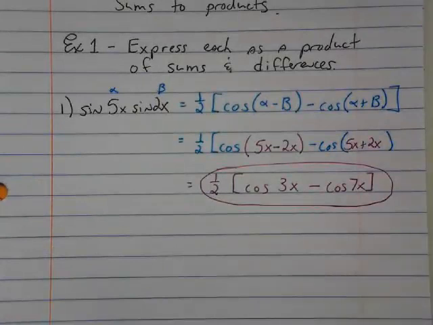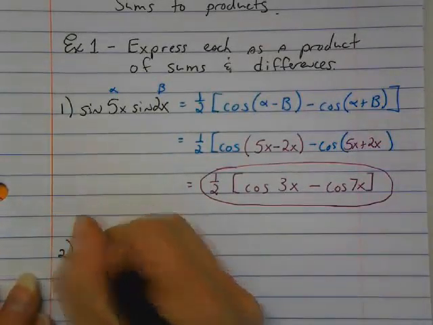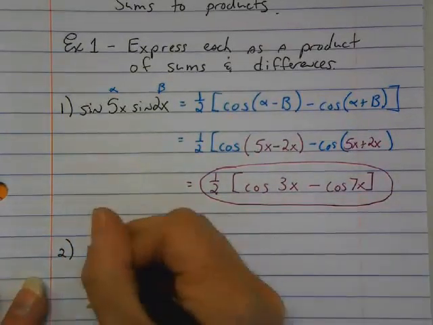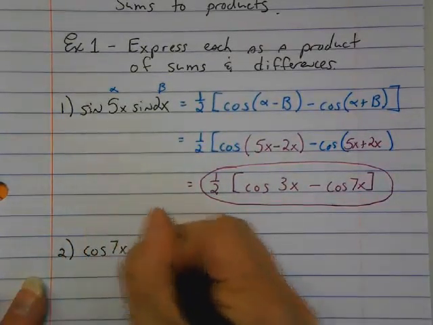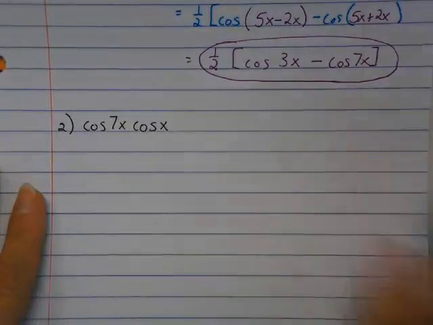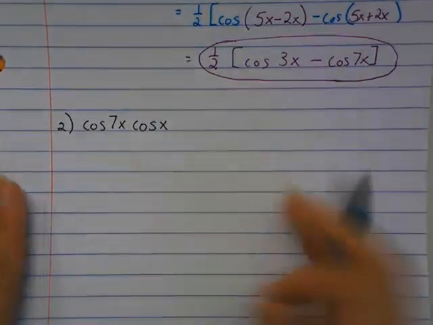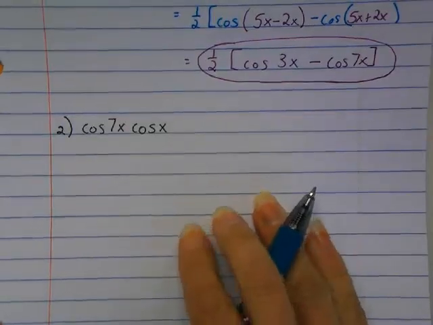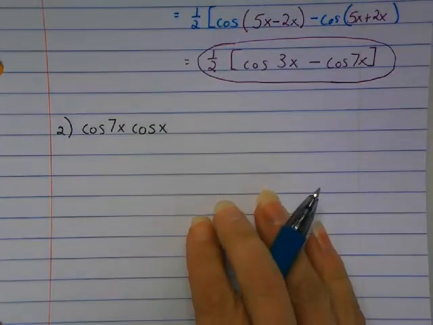Alright, so you match up a formula, you plug in, boom, you're done. Let's try one more. Let's say I have the cosine of 7x cosine x. So step 1, match up the formula. So I need a cosine cosine.